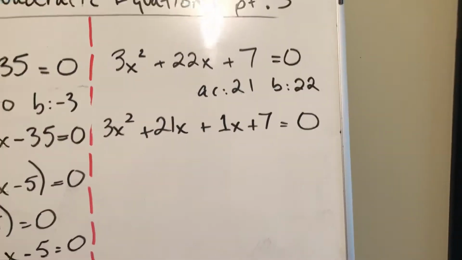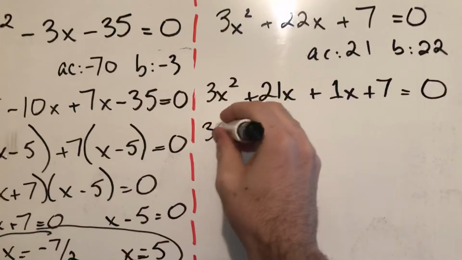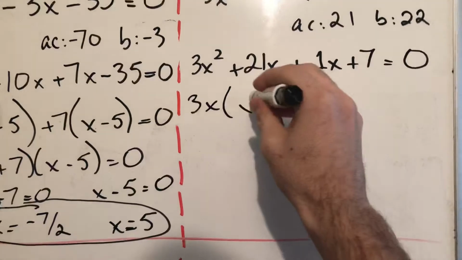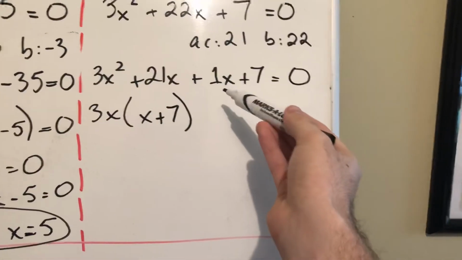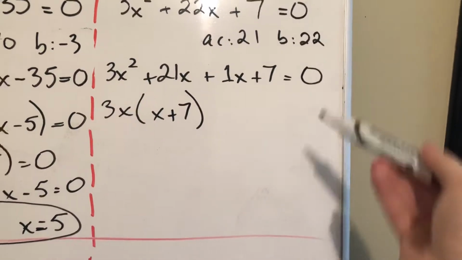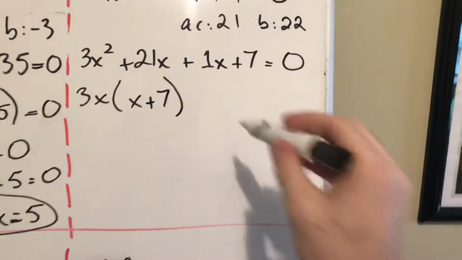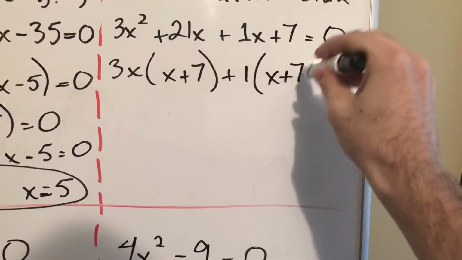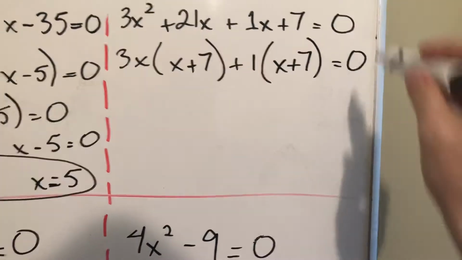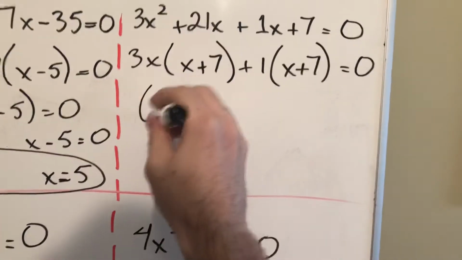Equals 0. Factor by grouping. Can I factor anything out of 1x and positive 7? Technically no, but for grouping you have to take out the 1. So I get matching binomials there. Finish factoring.